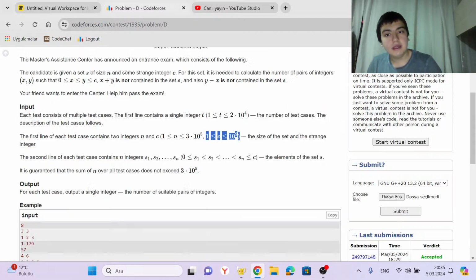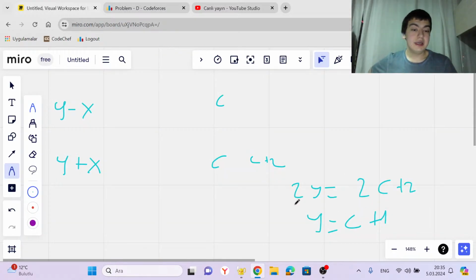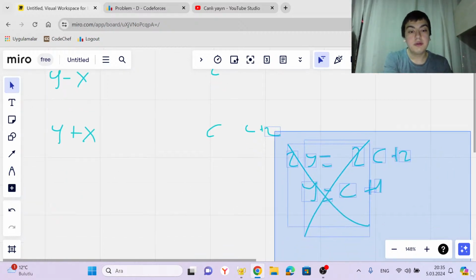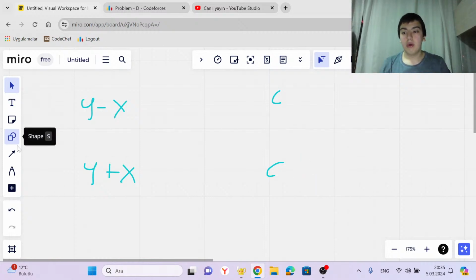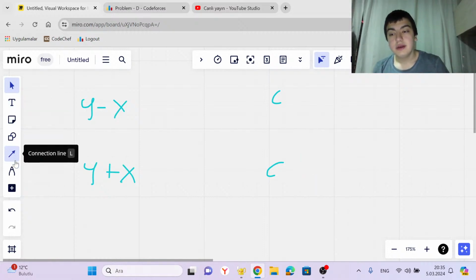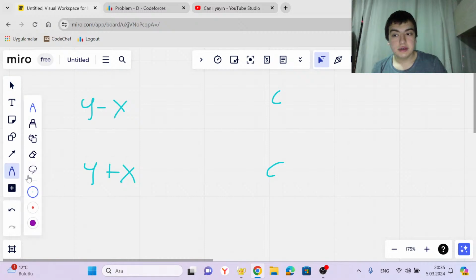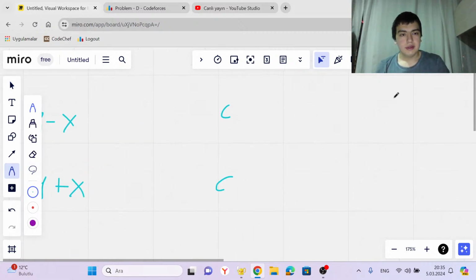But y should be bigger than or equal to 0 and smaller than or equal to c, so this cannot hold. So if we choose y minus x as c, we only select y plus x as c. So there is only one possible case for c.